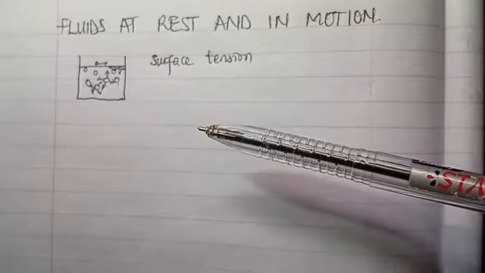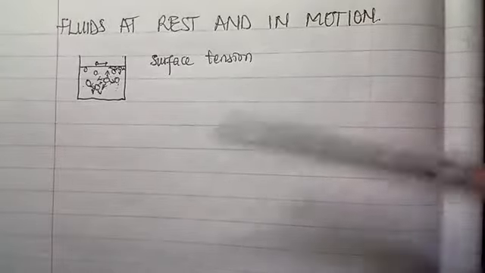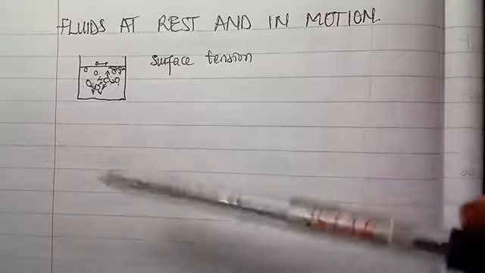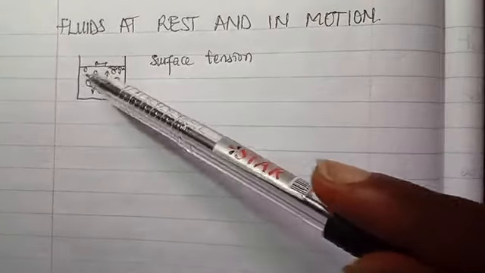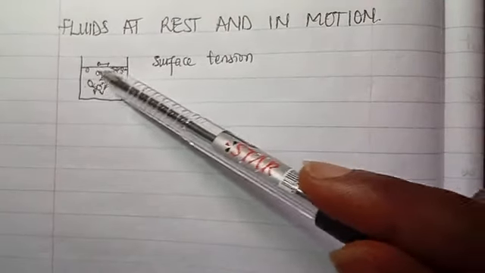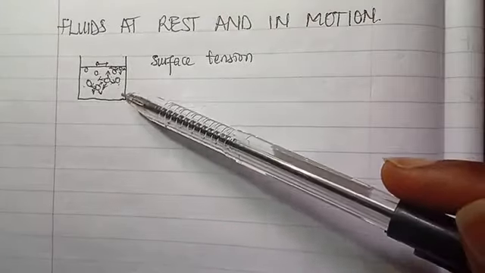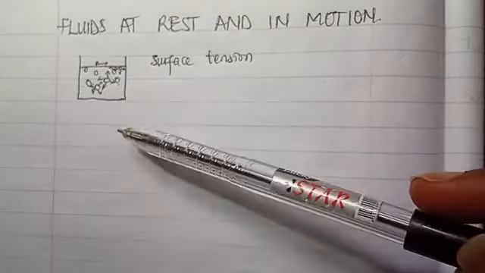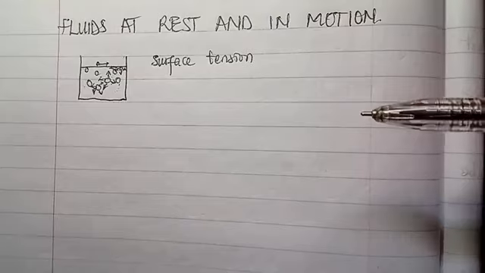Then, we also have shaking the body of water. When we shake the body of water or when we touch it, it also reduces the surface tension. We are breaking that very strong bond that has been formed at the surface of this body of water. So those are the factors that affect surface tension.